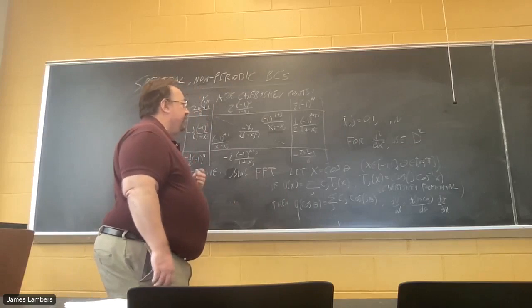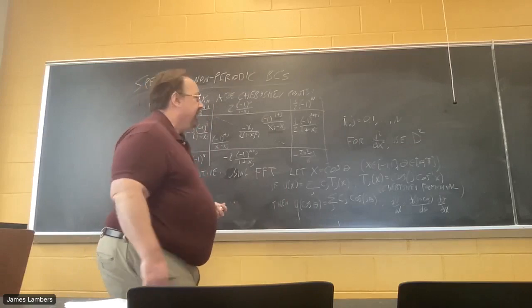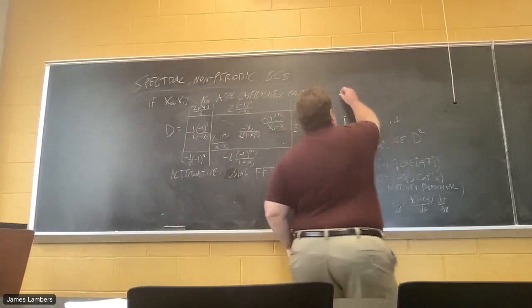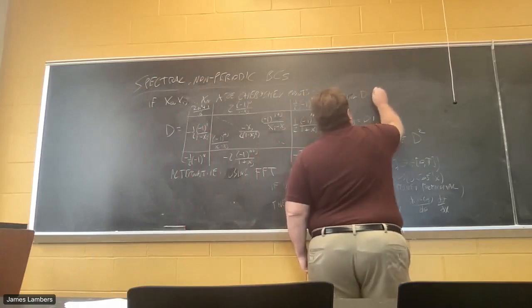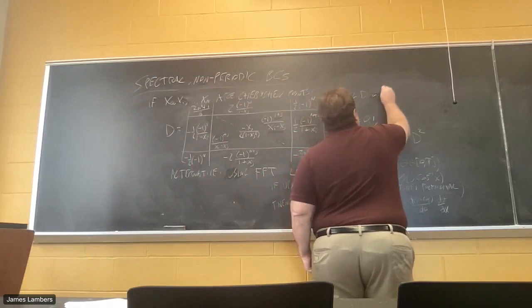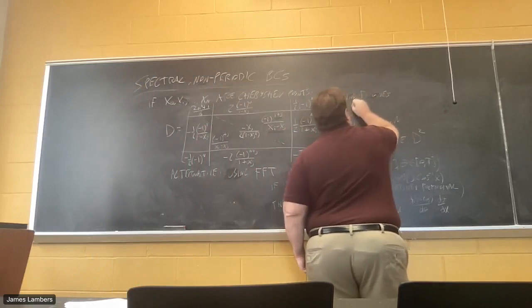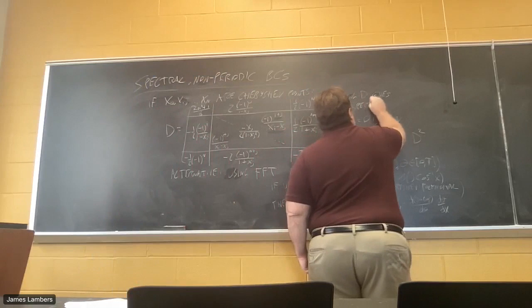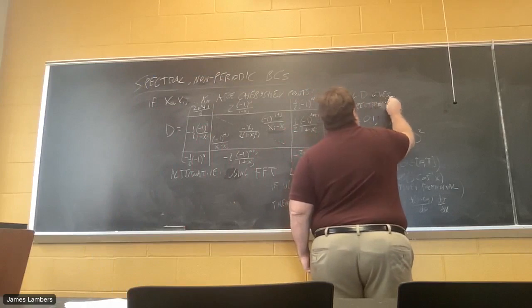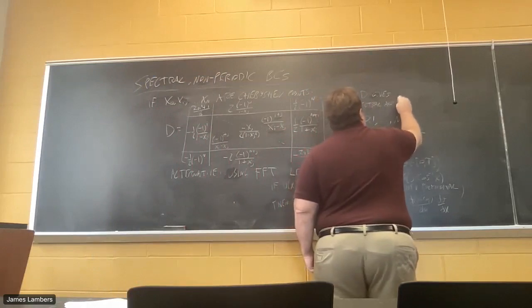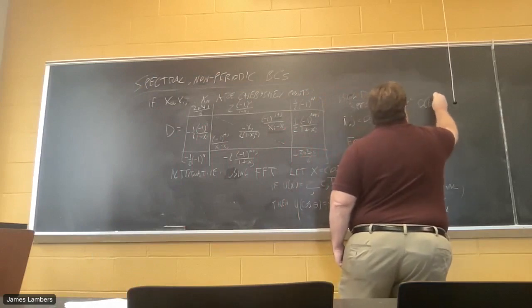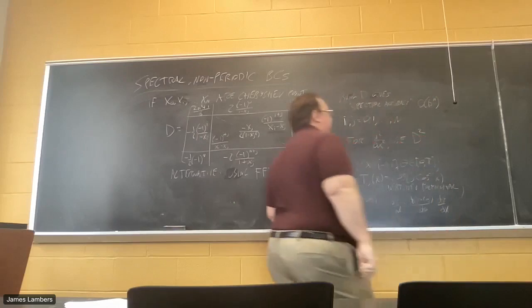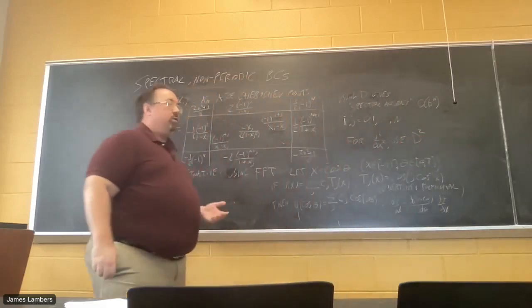So periodic or non-periodic, D gives spectral accuracy. The order is something like e to the minus n accuracy, but as mentioned, n is proportional to 1 over h.